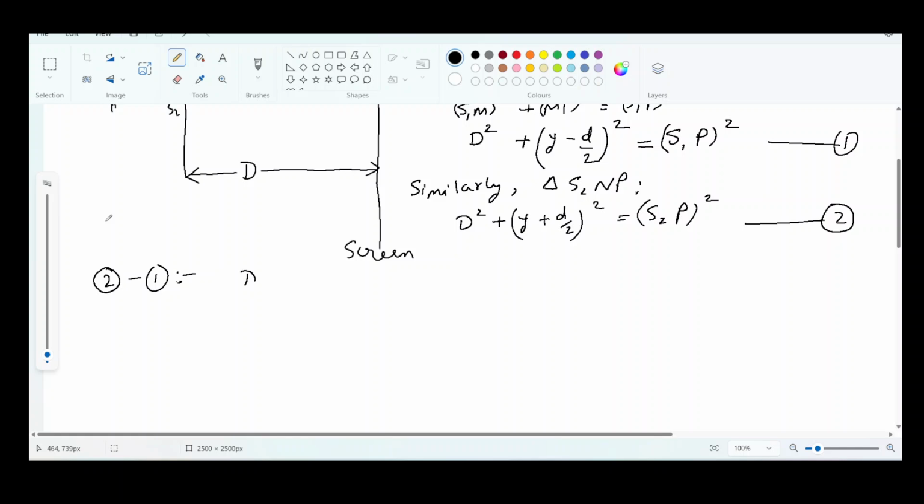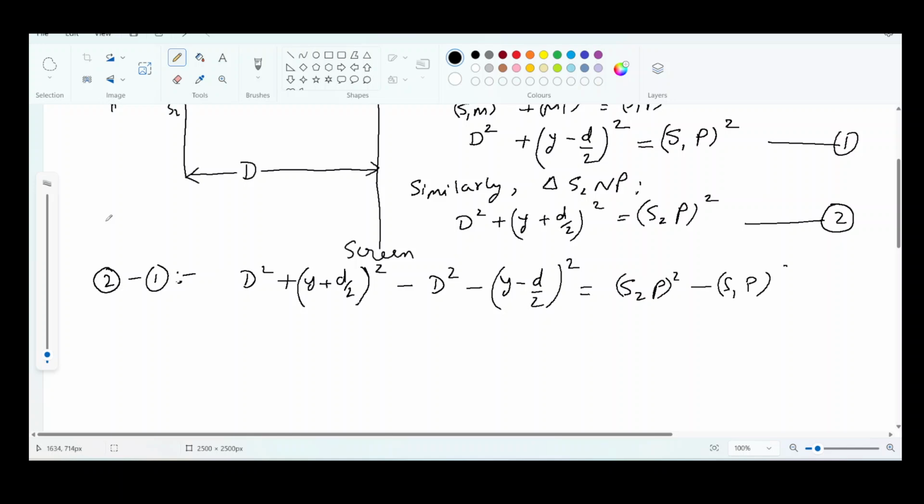D square plus y plus d by 2 whole square, minus D square minus y minus d by 2 whole square, is equal to S2P square minus S1P square.